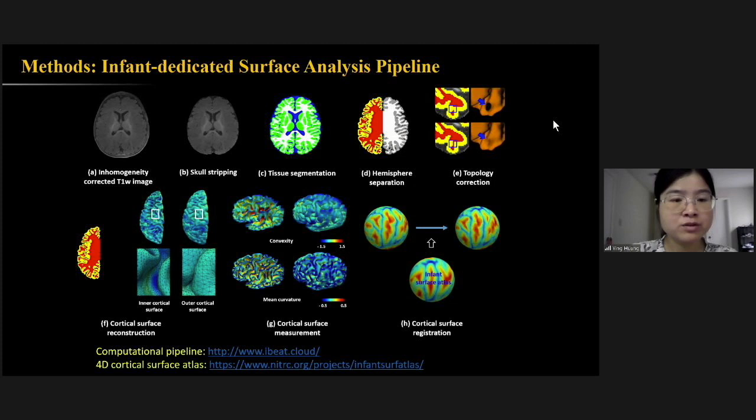All images were processed using an infant-dedicated surface analysis pipeline. After intensity homogeneity correction, skull stripping, tissue segmentation, and left-right hemisphere separation, topologically correct and geometrically accurate inner and outer cortical surfaces were reconstructed.